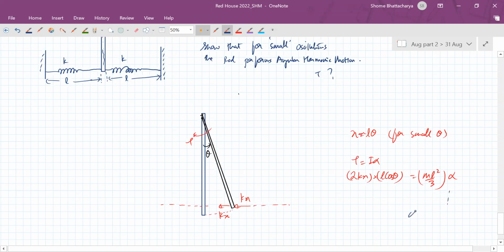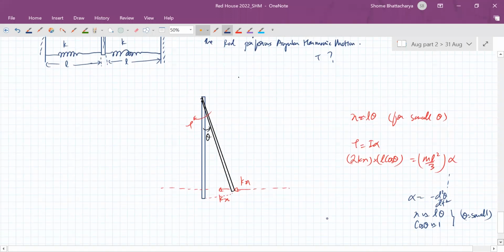Okay, so now alpha is minus d2 theta by dt squared. x we are approximating as L theta, and cos theta we will approximate as 1, because theta is small. So these are the small angle approximations that we'll apply here.